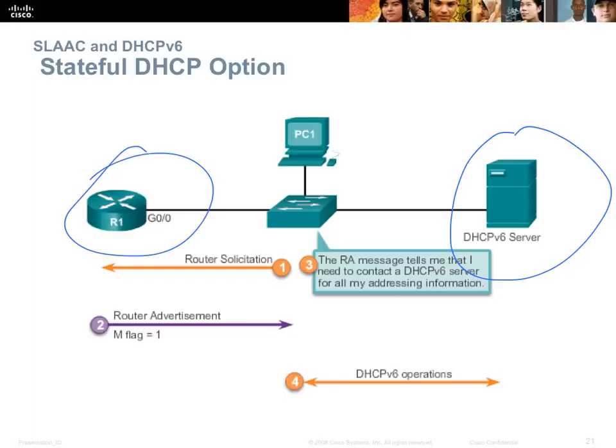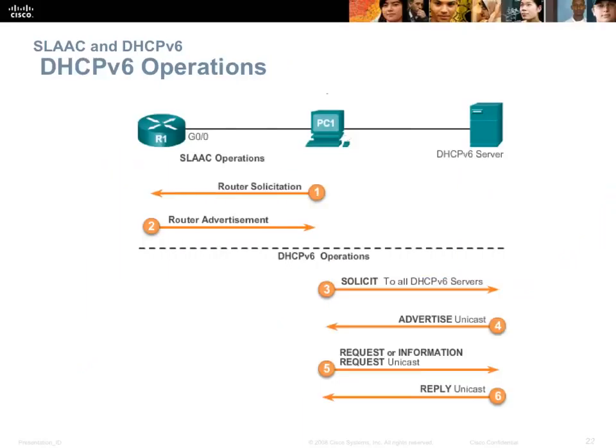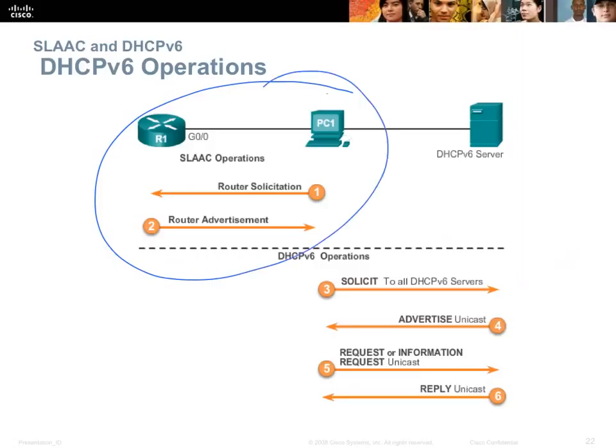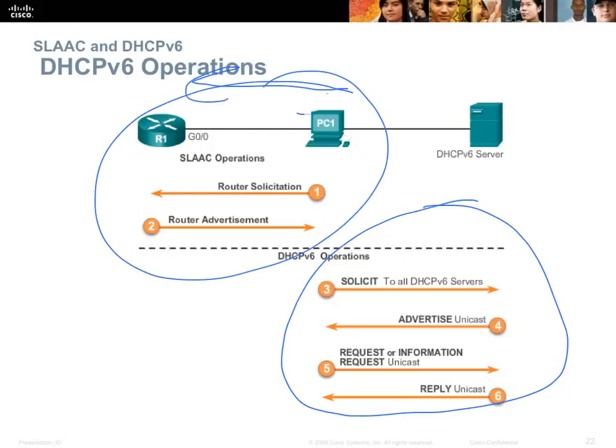It shows that operation. We go here, and it tells us we have to contact the server, and so then it could be this environment. Get it? So you're really doing both. You're getting your addressing over here, and then over here you're picking up other things, like DNS, trying to make it simple.